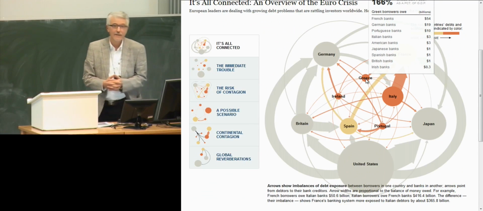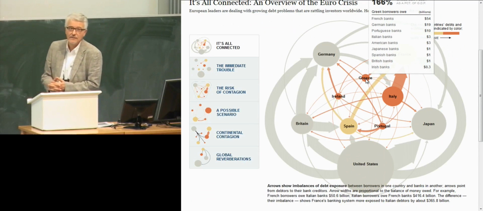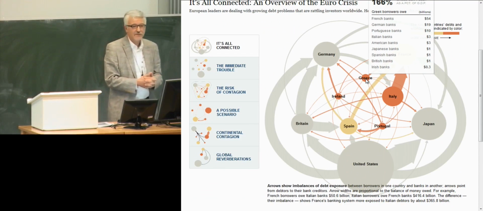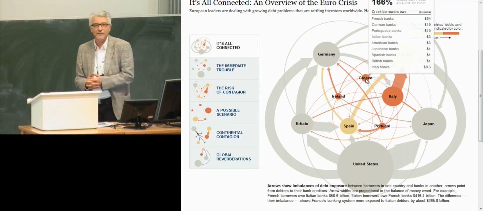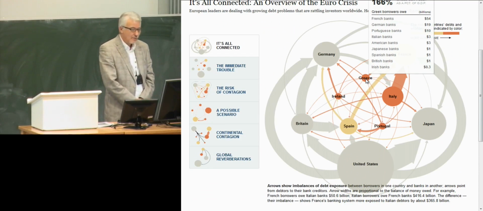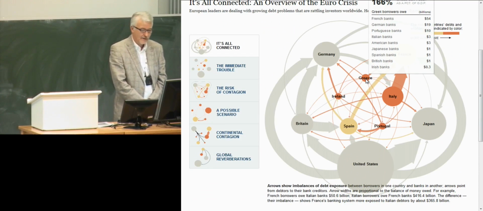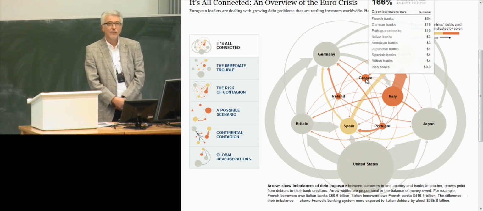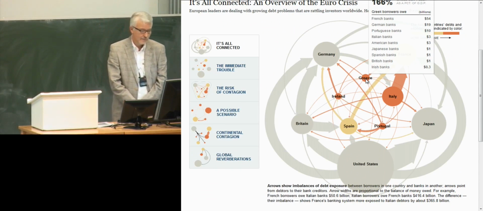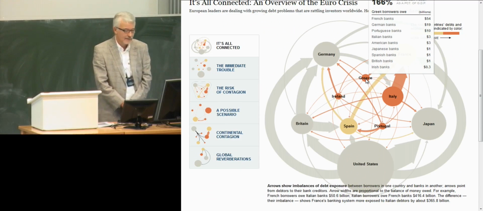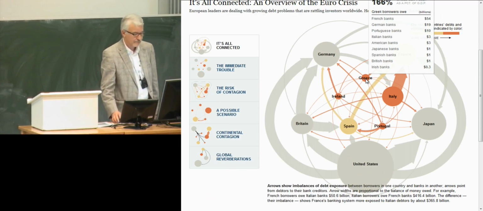That means Greek sovereign debts amount to 166% of its annual gross domestic product. And the borrowers of Greece are French banks. Greece owes French banks $54 billion, German banks $19 billion, Portuguese banks 10, and so forth.